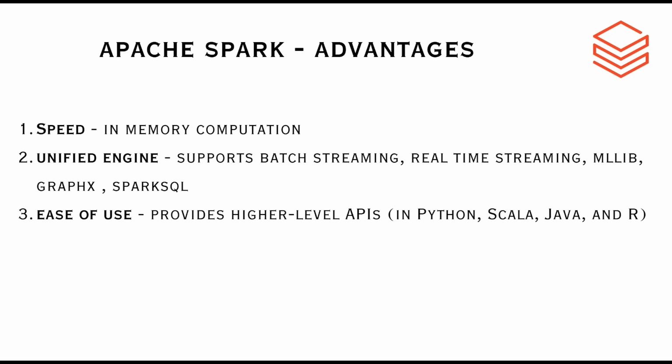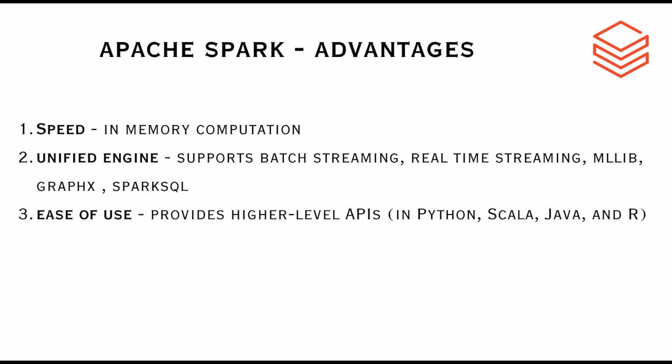It also supports machine learning via MLlib, graph processing via GraphX, and SQL querying using Spark SQL. Overall, this unified approach means that users can perform a variety of data processing tasks, for example real-time analytics, machine learning, graph processing, and traditional batch processing, on a single platform without having to resort to multiple tools.